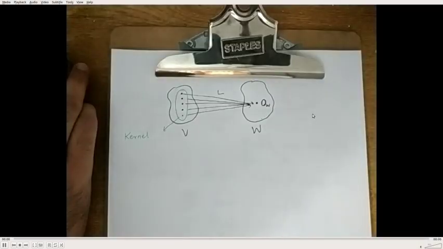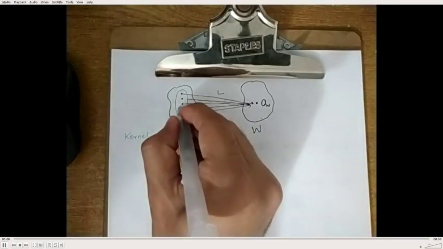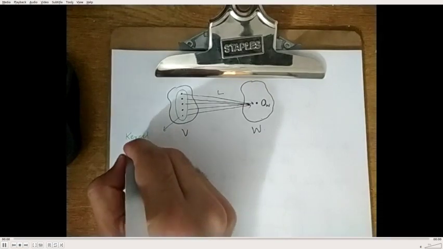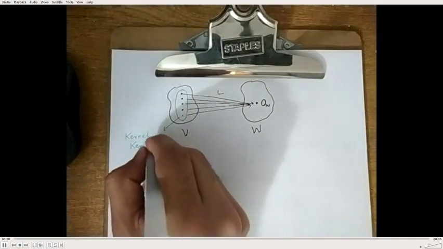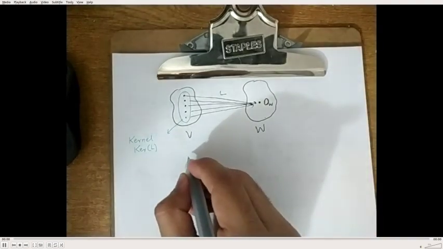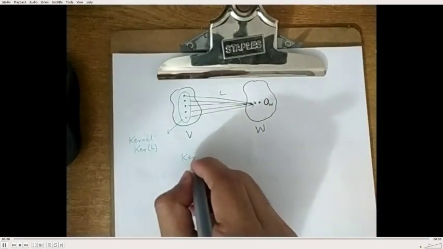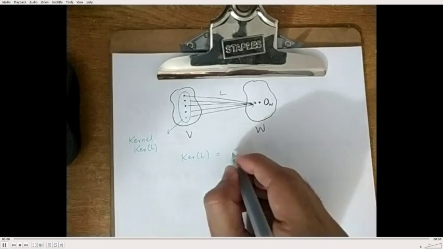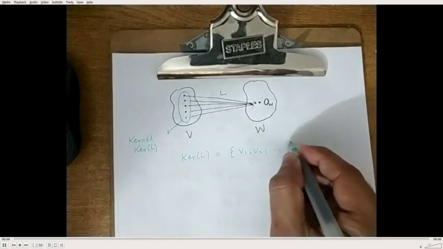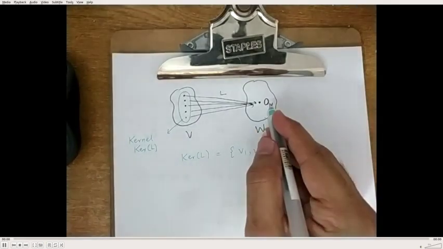So all of these vectors are part of the kernel space, denoted ker L. Suppose V1, V2, and all the vectors that map to this zero vector.